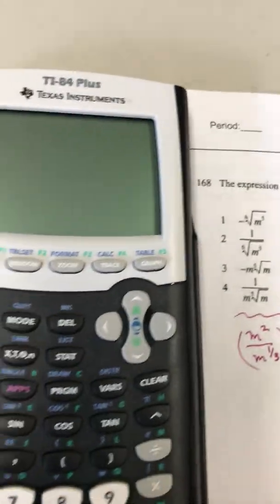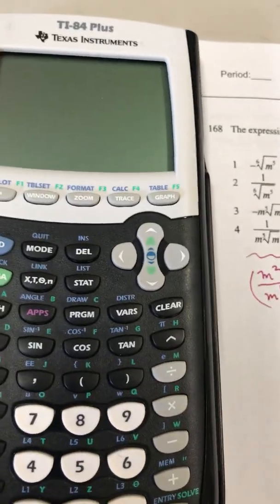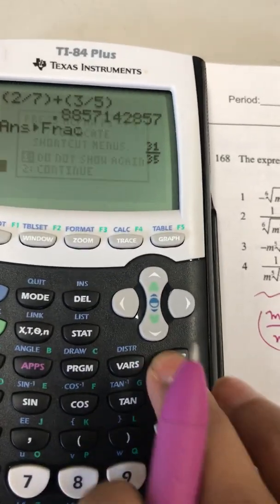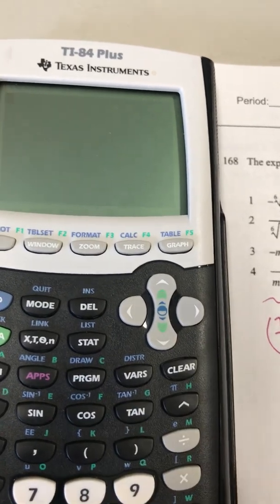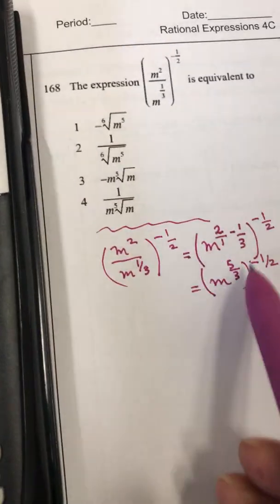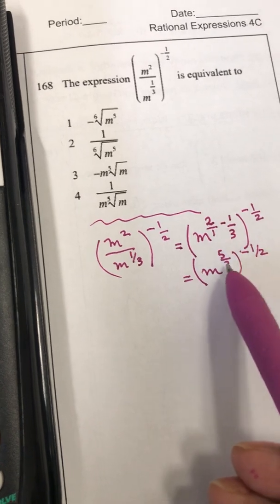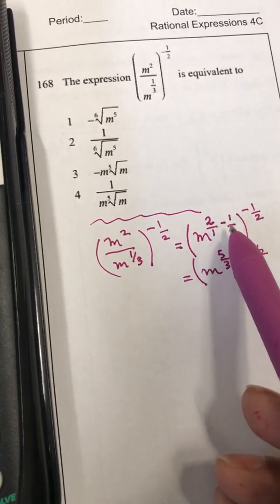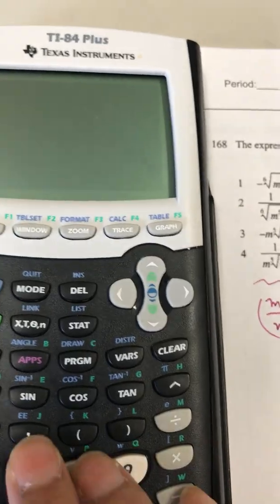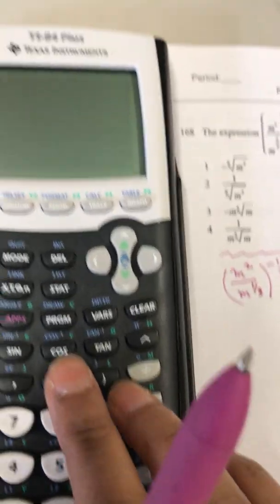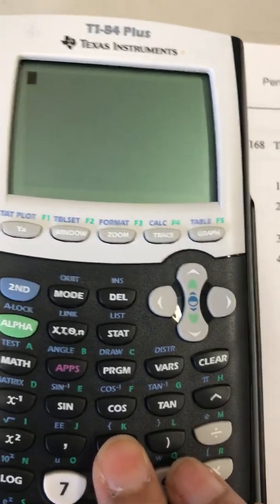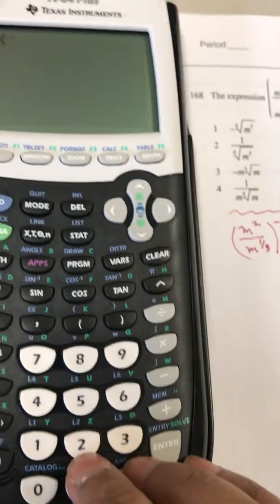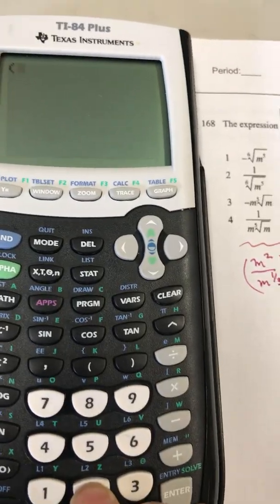So let's go on the calculator here. Turn on. I'm going to clear this. So I have 2 minus 1/3. If you want to do 2 over 1, let's say if I had something else in my denominator, it's good to put it in the calculator with parentheses.